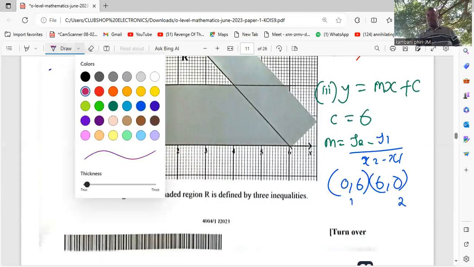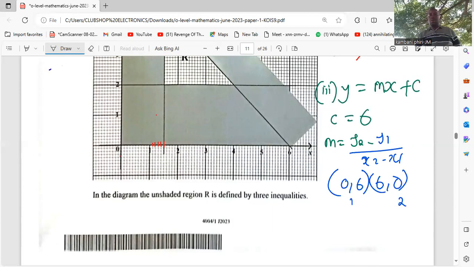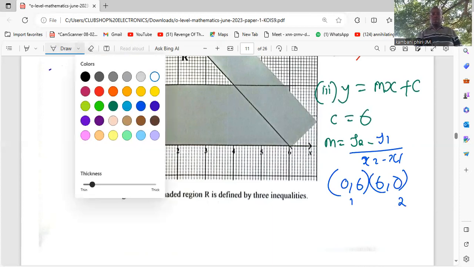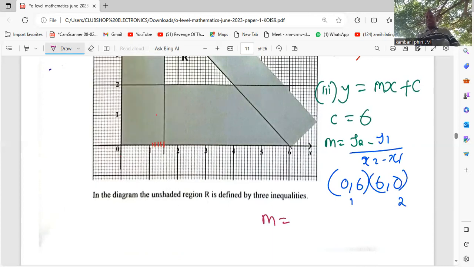So our gradient will be y2, 0 minus 6, divided by x2, 6 minus 0.